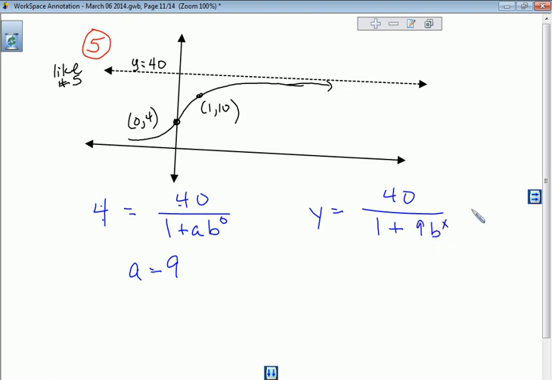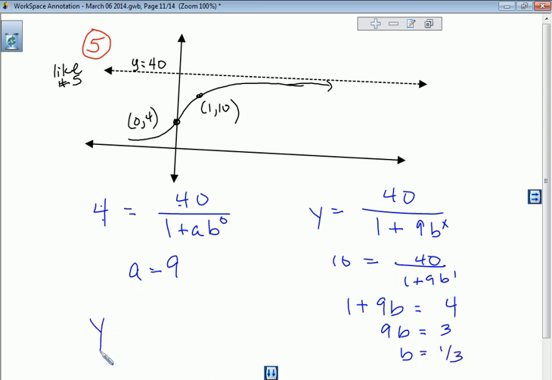And then what do we do? Plug in 1 and 10. So 10 equals 40 over 1 plus 9 b to the first. So 1 plus 9b equals 4. 9b equals 3. b equals 1/3. So my equation is 40 over 1 plus 9 times 1/3 to the x.